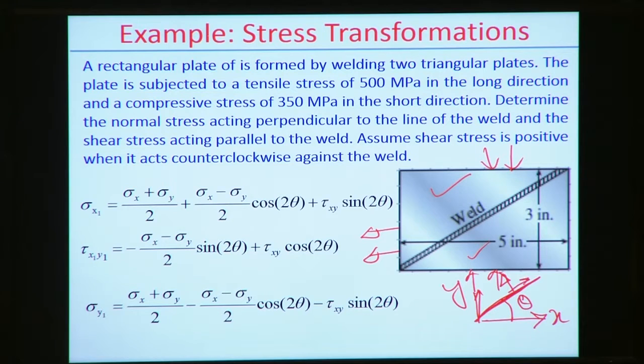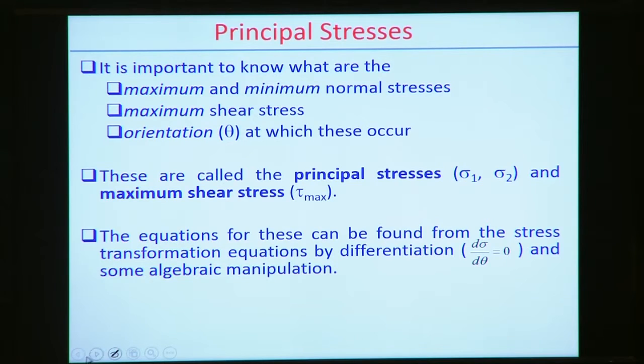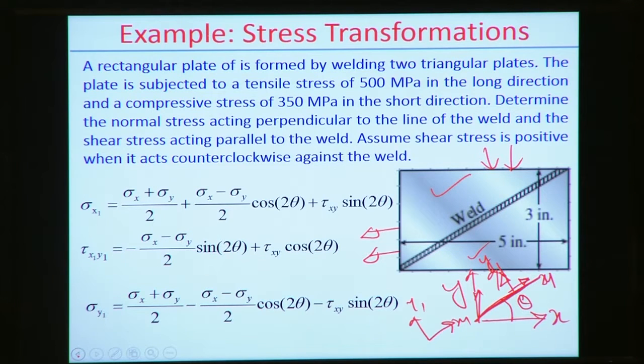So this may be the shear stress. If this axis system is x1 and this is y1, then we need to find out the amount of the stresses with the orientation angle theta.